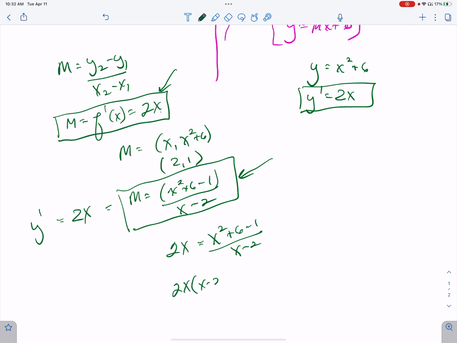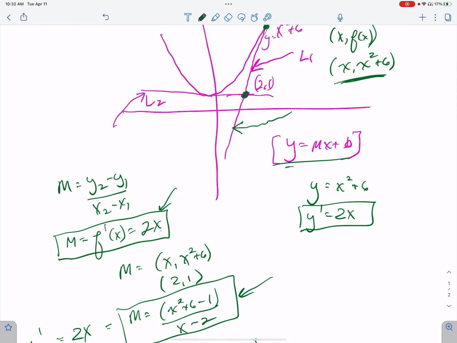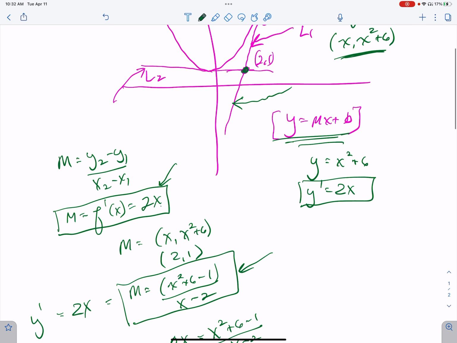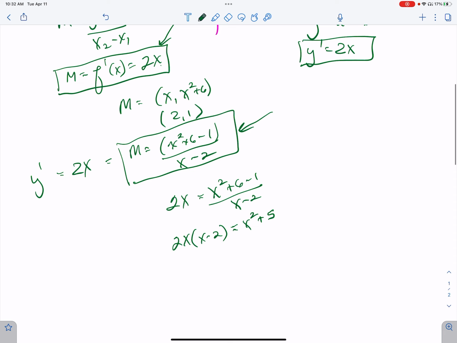Okay, well then let's play this out. 2x times (x minus 2) equals x squared plus 5. Remember, the solution to the problem is the equation of that tangent line. And again, I'm not going to go into the second line. We're just going to do the first one here today. So let's continue on.